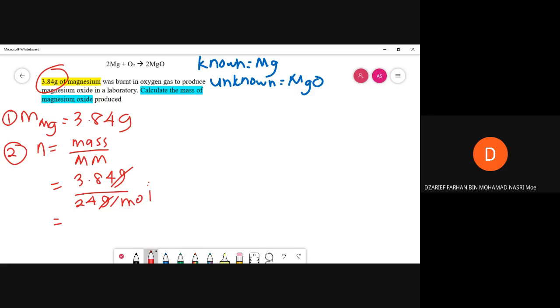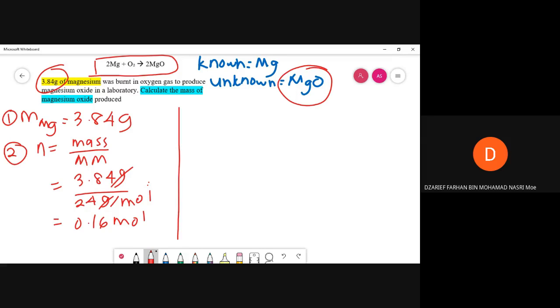So you will get 0.16 mole. So, the third step is to find the mole for the unknown, that is magnesium oxide. To find the mole for the unknown, you have to compare the mole from the given chemical equation and the one from step 2.